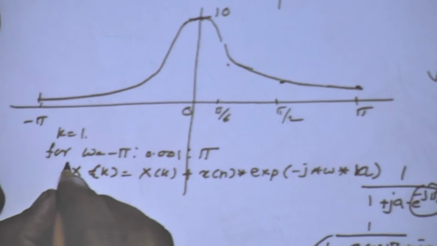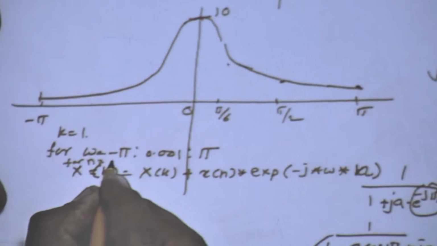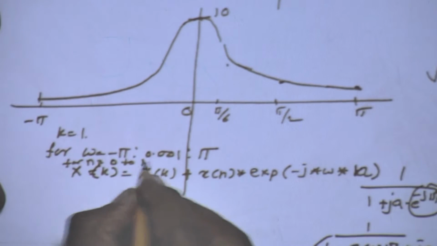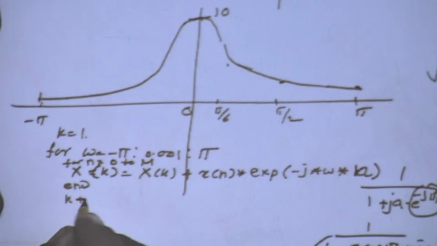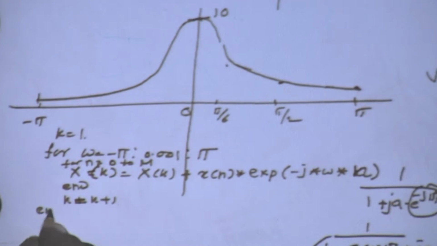There is an n loop here also, for n equal to 0 to say M, or N, whatever, and for this k is equal to k plus 1 and end for here.